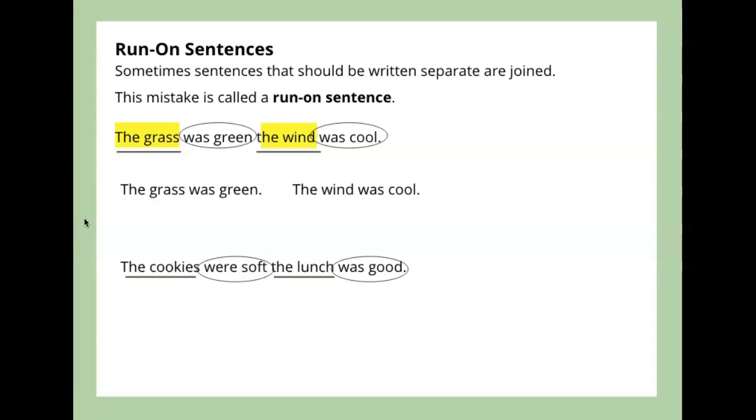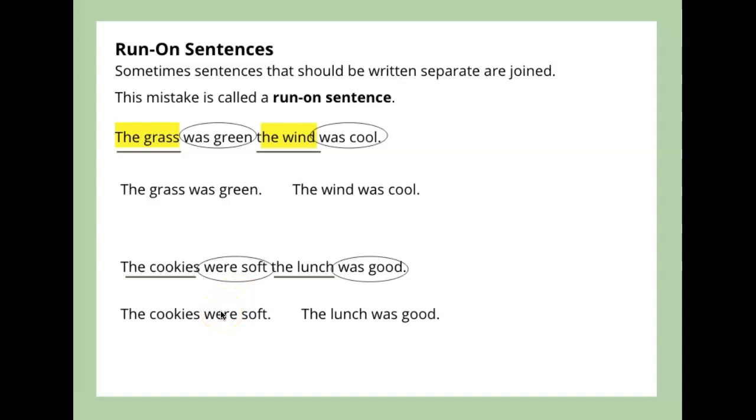Then how should we split the sentence? We can split the sentence into two separate sentences so that each sentence has one subject part and one predicate part. The cookies were soft. The lunch was good. One complete thought.